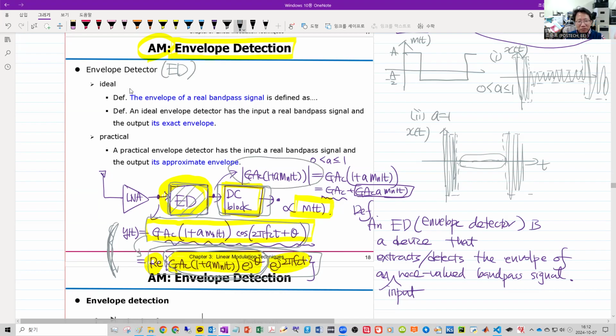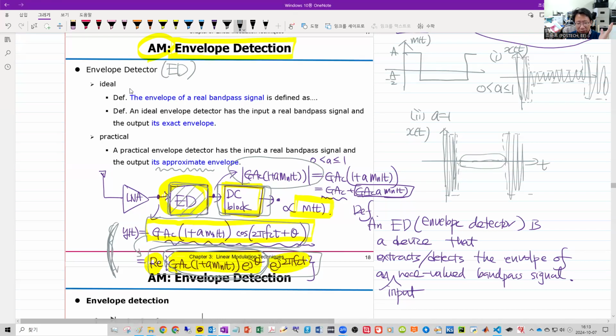Can you build a circuit that does this mathematical operation? Probably very, very difficult. However, a circuit that does this operation approximately can be made very simple and cost effectively.